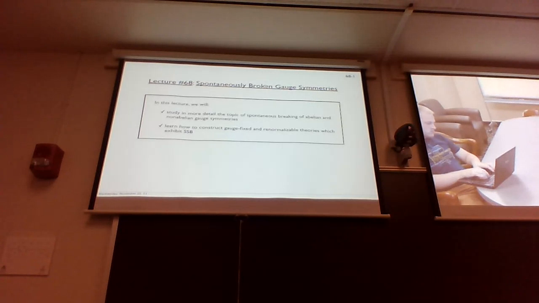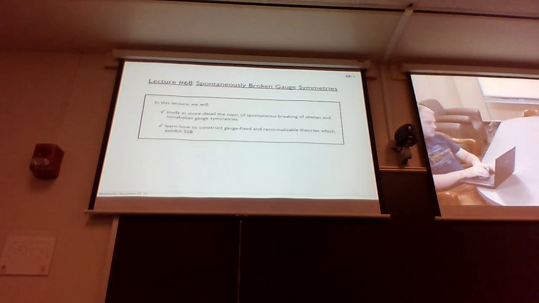So what I'm going to do now is try to apply this to a gauge theory. So I'm going to try to couple my non-abelian gauge theory to a scalar field theory. And in the scalar field theory, I'm going to have this minus mu squared term. And I'm going to see what happens.